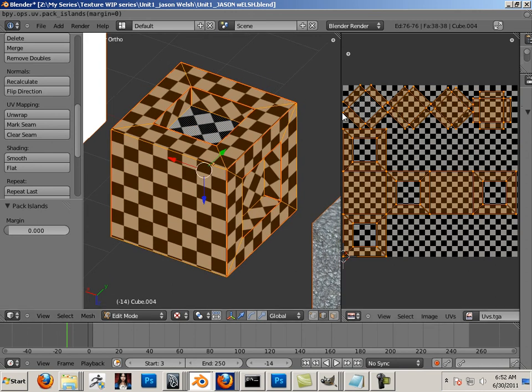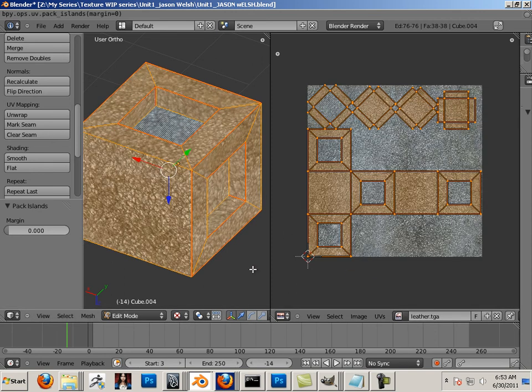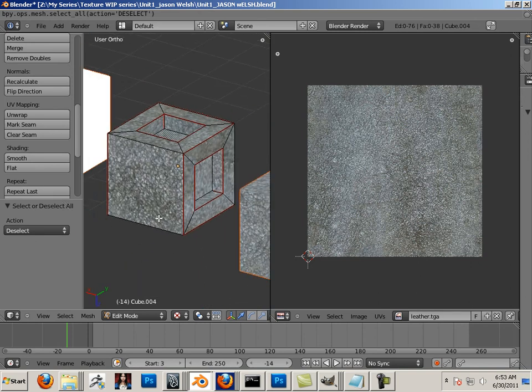You can pack them, which means just laying them out in the 0 to 1, and they are now uniform because they are all the same size as far as the squares go. And now procedural textures can fit on top of them and wrap quite nicely. Alright, now that we've seen that, let's go on to the next video.